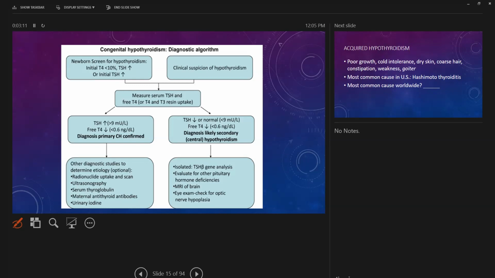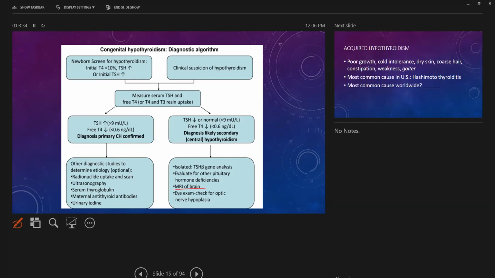So if we're worried about a glandular deficiency, we can do a radionucleotide uptake scan or an ultrasound. We can also check their serum thyroglobulin and any maternal antithyroid antibodies. We can also check the iodine in the urine. If we're concerned about central cause, we can evaluate for other pituitary hormone deficiencies.